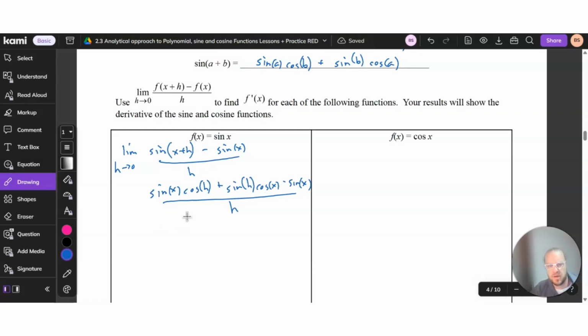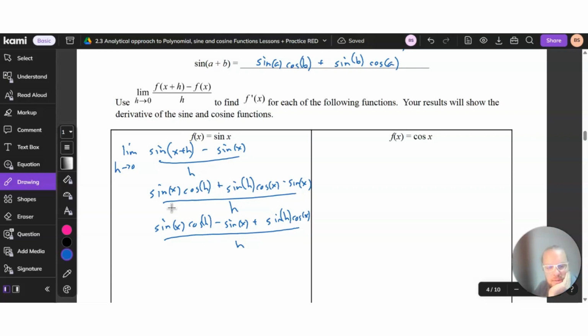From there, what can we pull out? I'm going to rearrange the way that's written a little bit. So I'm going to move this sine x over here so that I can pull out a common factor. So I'm going to write it as sine of x cosine of h minus sine of x plus sine of h cosine of x all over h.